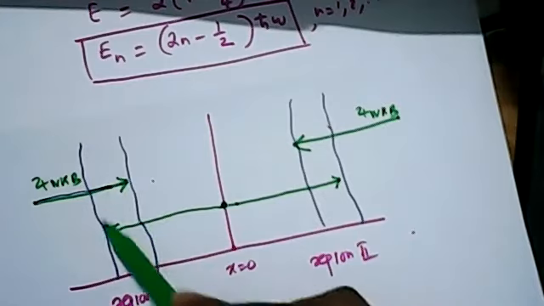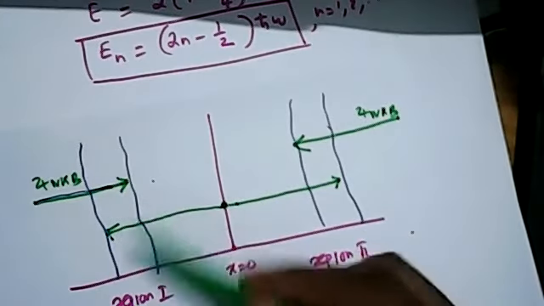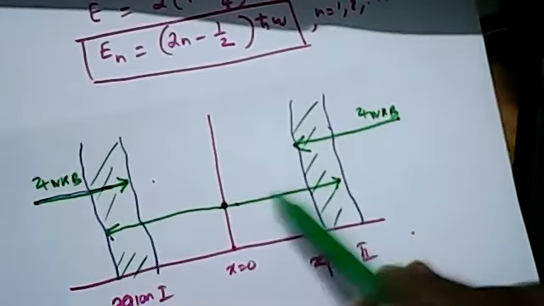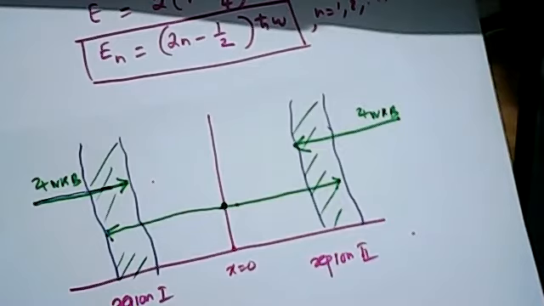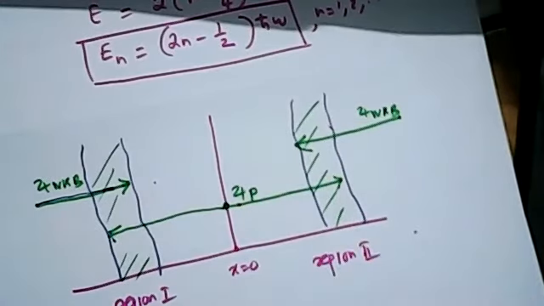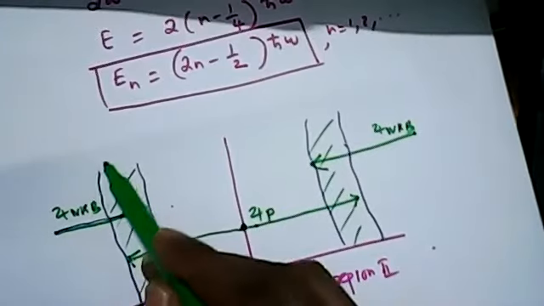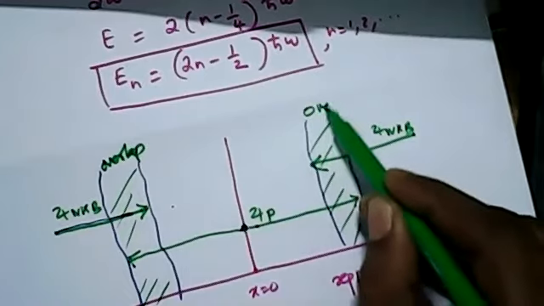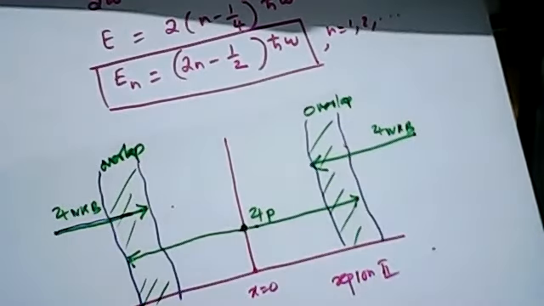So in this matching region, both the wave functions exactly match. That we called psi p. So this is the overlap region. Here also overlap region. In the overlapping region, both wave functions match.